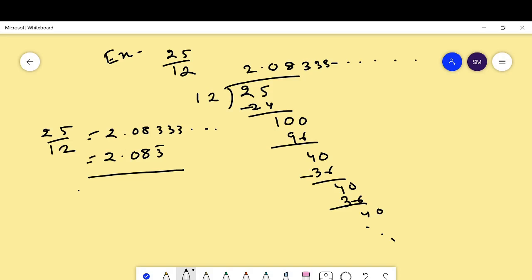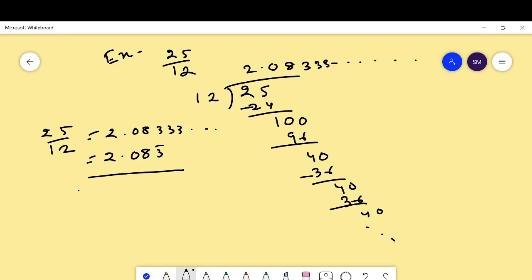If the prime factorization of the denominator has only the factors 2 and 5, then this gives us terminating decimal numbers, otherwise all are non-terminating decimal numbers. I will practice some examples which will make it clear to you.